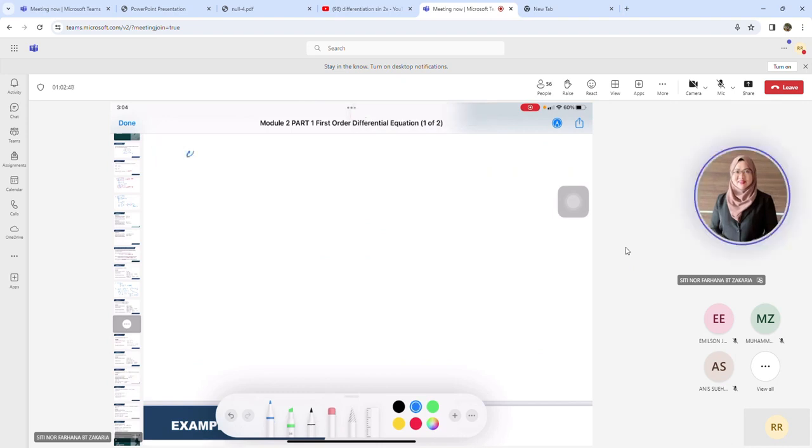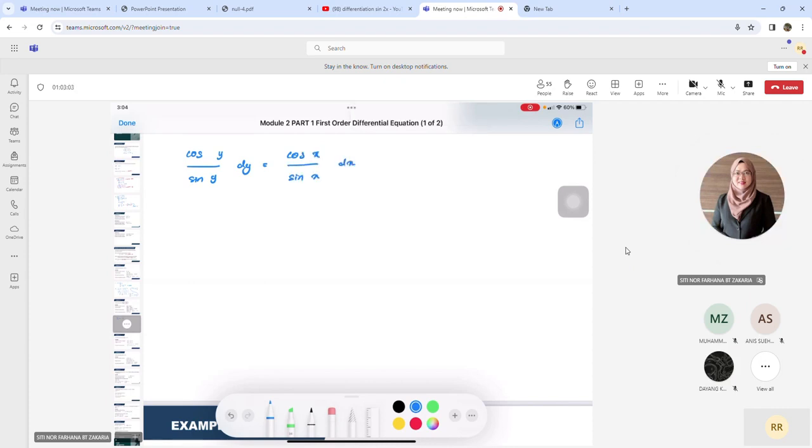Anika. There is no Anika N. Hello. Yes. Second step, integrate both sides. Okay. Is it? So, thank you. So, let's integrate both sides.